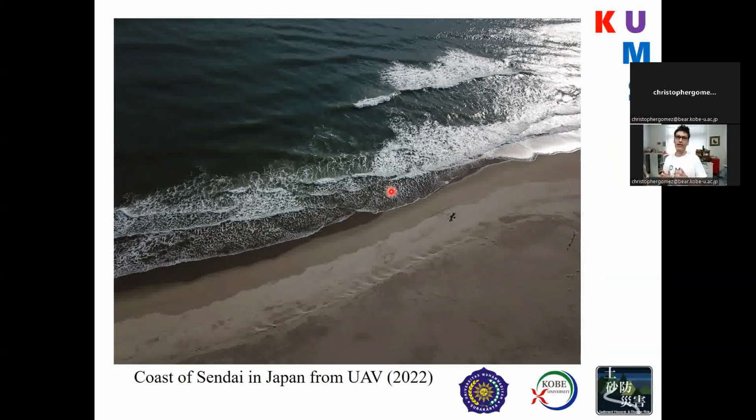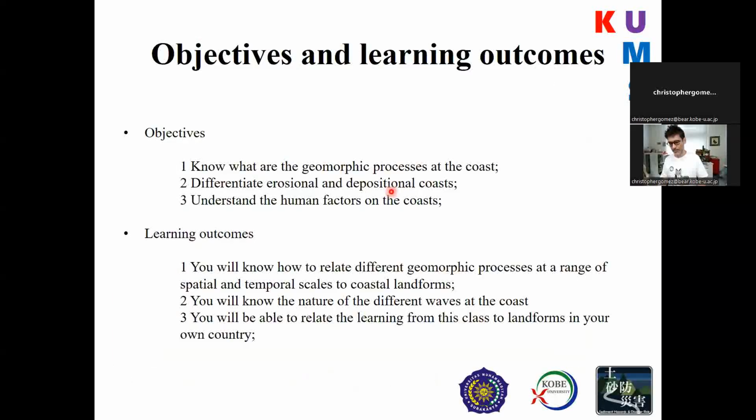So because we are at the interface between the sea and the land, you find a lot of different types of coast influenced by both sides, either by the sea processes, the wave processes, and also the material which is there on the coast, and the material which is brought up or eroded by the waves. And those are the main configurations we're going to talk about today.